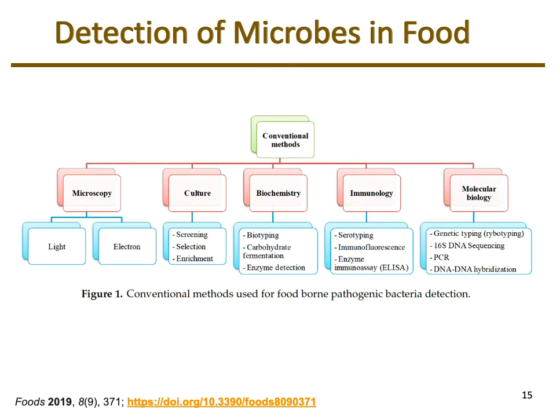There's also biochemistry, and this is where we can use some of those selective medias and look at fermentation and what enzymes are present through these selective medias, or by direct detection of enzymes. And then we have immunological based techniques, again, like ELISA or immunofluorescence. And then we have these molecular techniques where we could do genotyping.